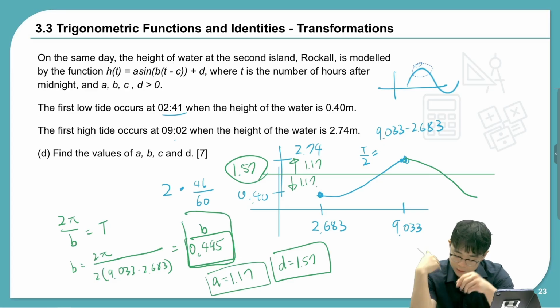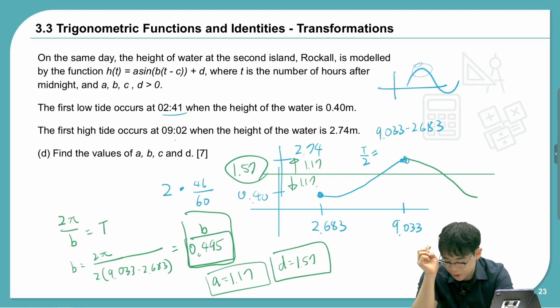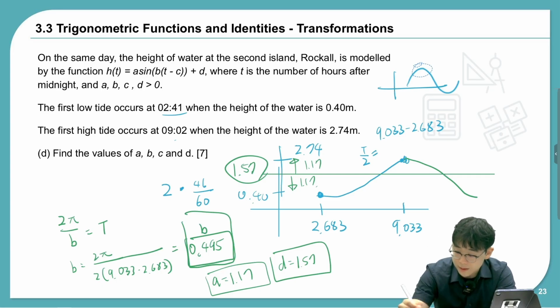So we could just solve for C right away by plugging in everything else. If you don't want to think about shifting this by a certain amount, you could just substitute into this equation for C.